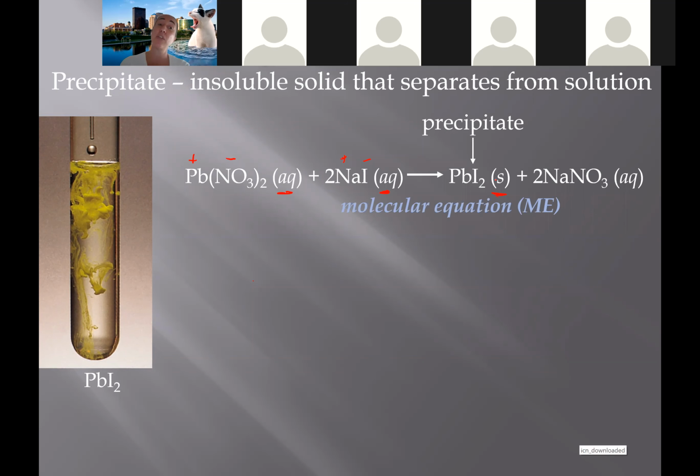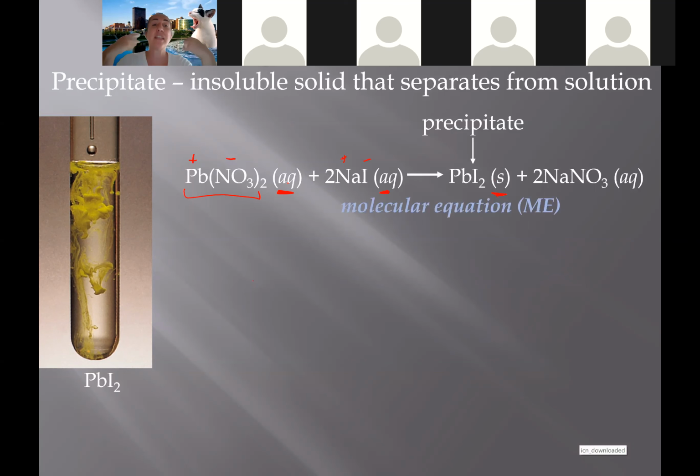The next step, there's 3 steps to a precipitation reaction that you need to do. The next step is you need to break everybody apart that can be broken apart. What do I mean by that? These are ionic compounds, right? So if it tells you right here it's aqueous, you know that if you put that lead nitrate solution in water, the ions are going to split, they're going to break apart.